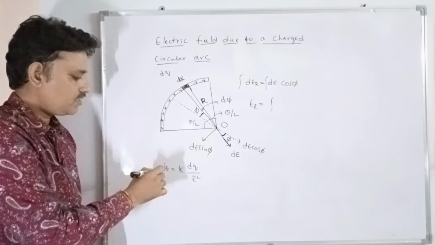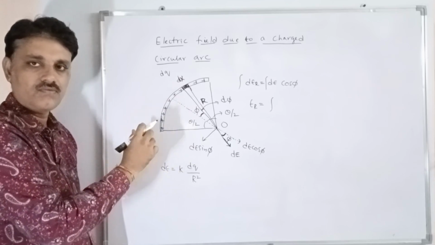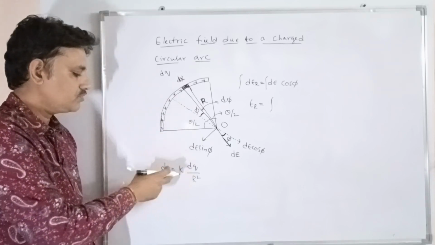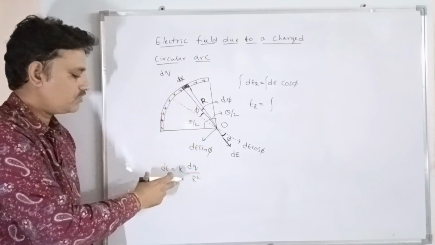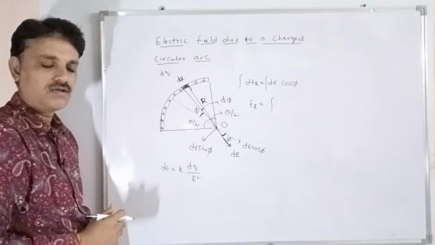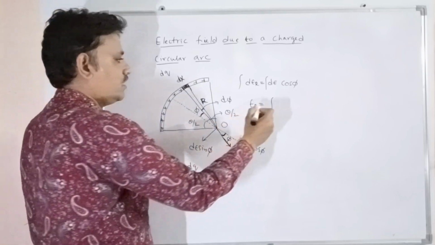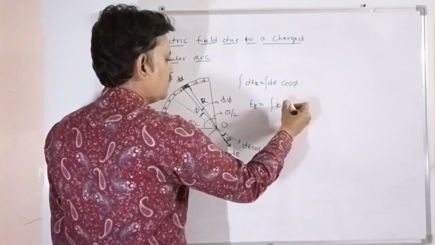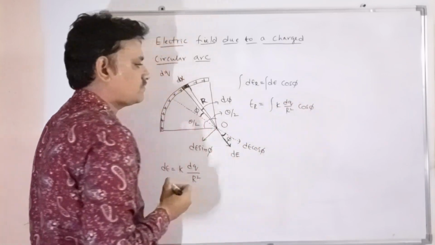Because dq is the small charge of the small element we chose, and the distance between the small element and the center O is r. So we substitute the same there: k into dq by r square into cos phi.